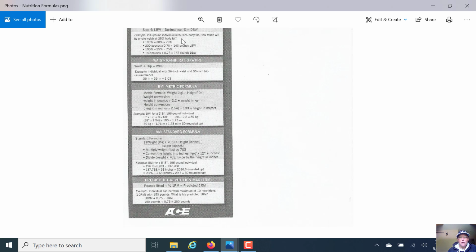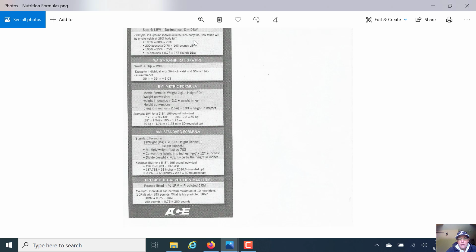Okay, so if you have a 200-pound individual who has 30% body fat, how much will they weigh at 25% body fat? So using that formula, you would take 100% and subtract 30% from it. That tells us that that person has 70% lean body weight.